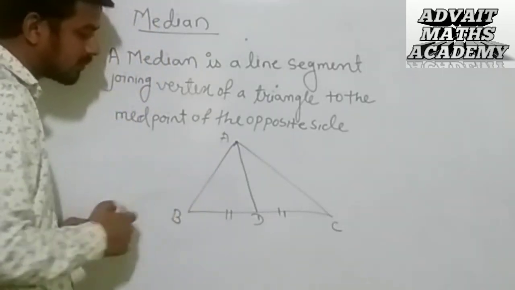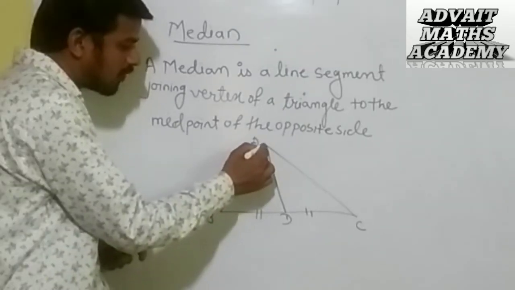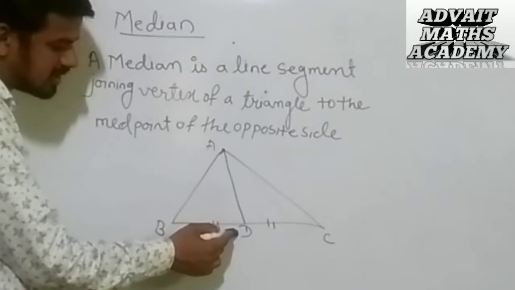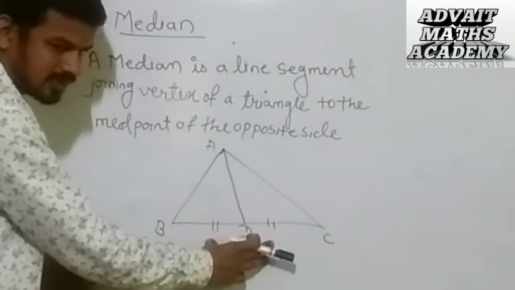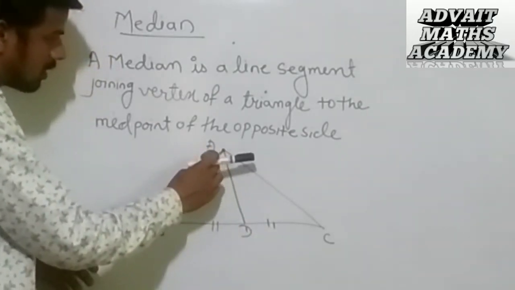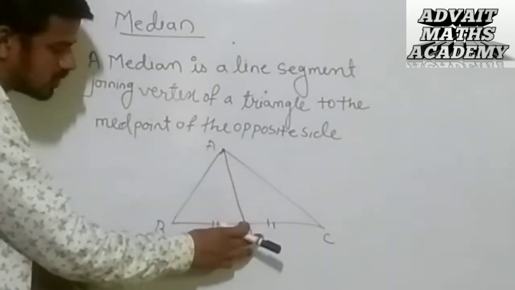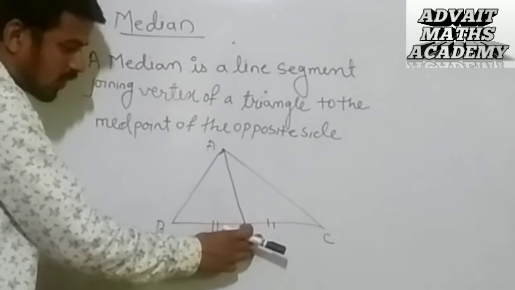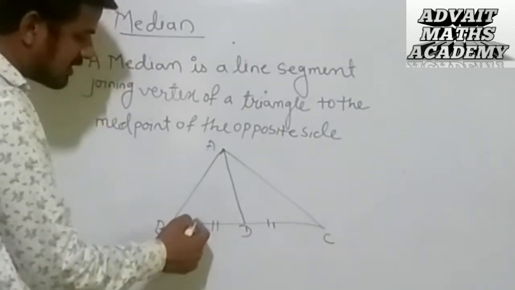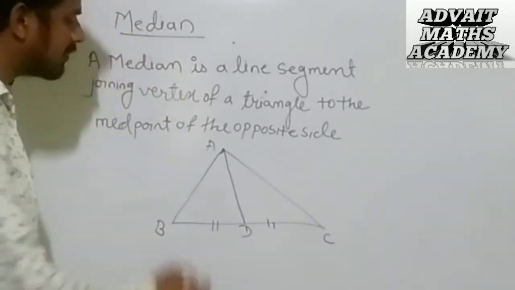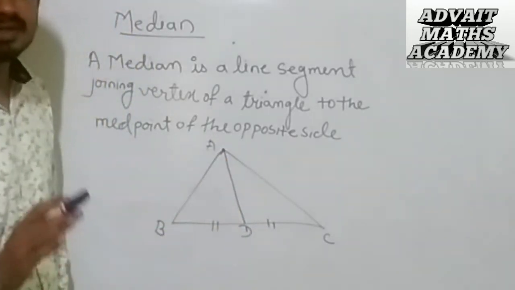In that, from vertex A a line is drawn to the opposite side, and the opposite side is divided into two equal halves. That means AD is a median.